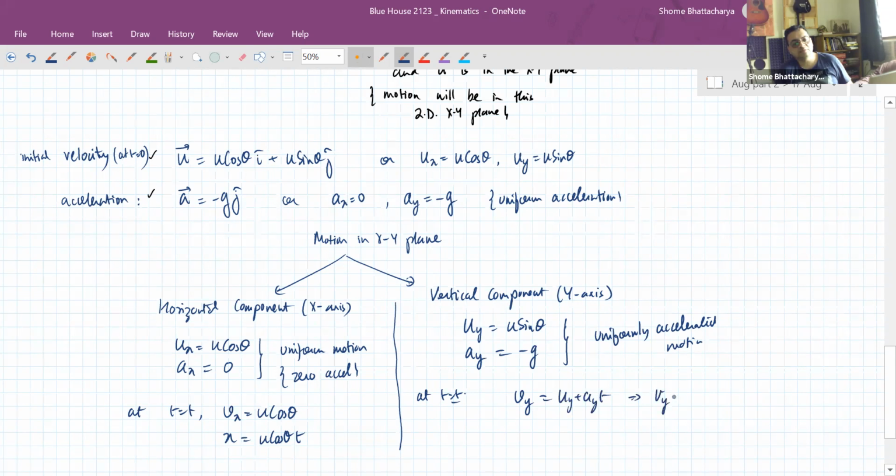So velocity at any time t will become u sine theta minus gt. Displacement will become u sine theta t minus half gt square.